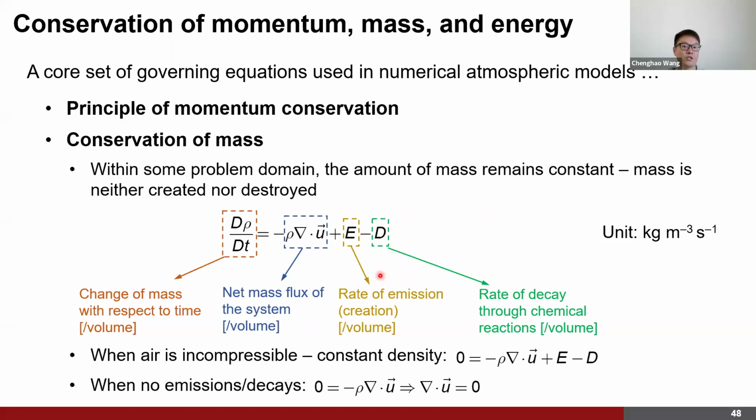If we further assume that air is incompressible, which means we have constant density and there's no emission or decay, basically we assume E and D are both equal to 0, we can have the divergence of flow velocity equal to 0. This is how we link together wind velocity in 3 different directions.